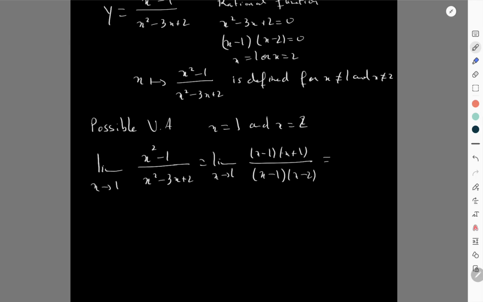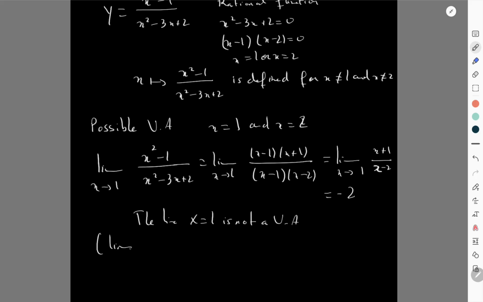You can cancel the x minus 1 out, and then what do we get? We get 2 over 1 minus 2, so we get minus 2. So the line x equal 1 is not a vertical asymptote. We have checked that the limit as x goes to 1 of f of x is minus 2.